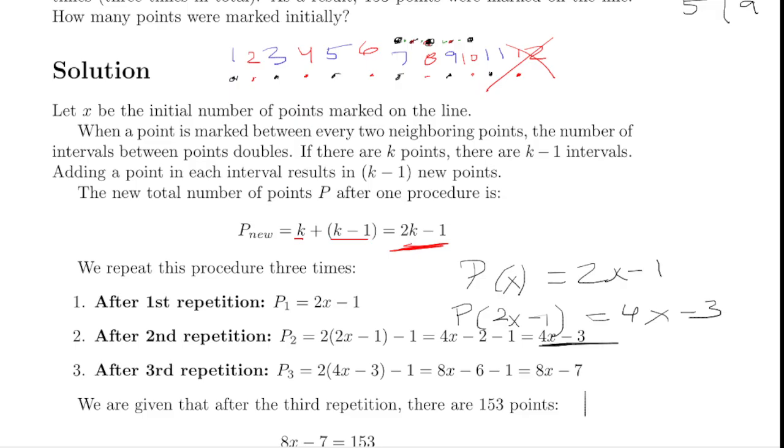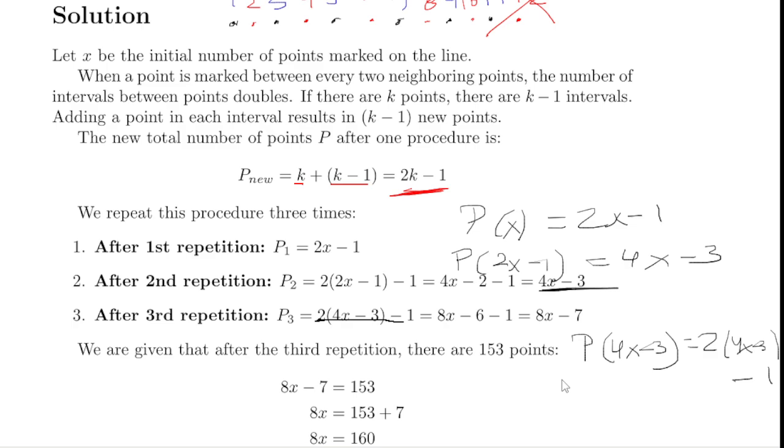And now we want to do p of 4x minus 3, plug it back into this equation. Oops, sorry. No, this is 2 times 4x minus 3, minus 1. And so that's what we have over here, which simplifies to 8x minus 7.